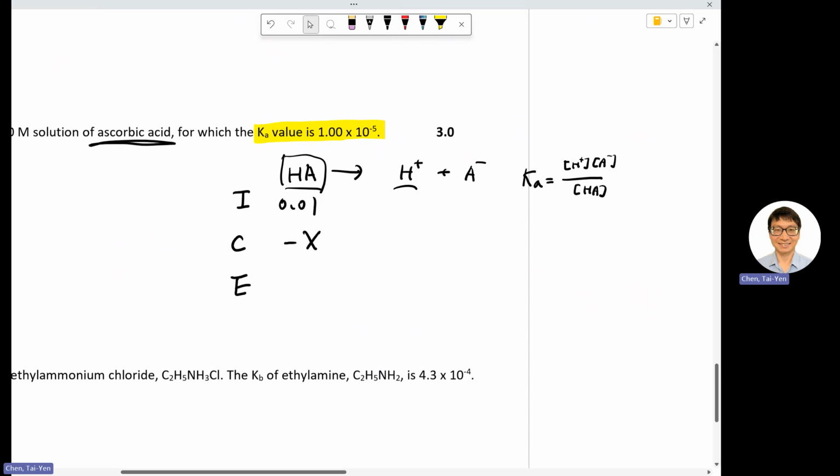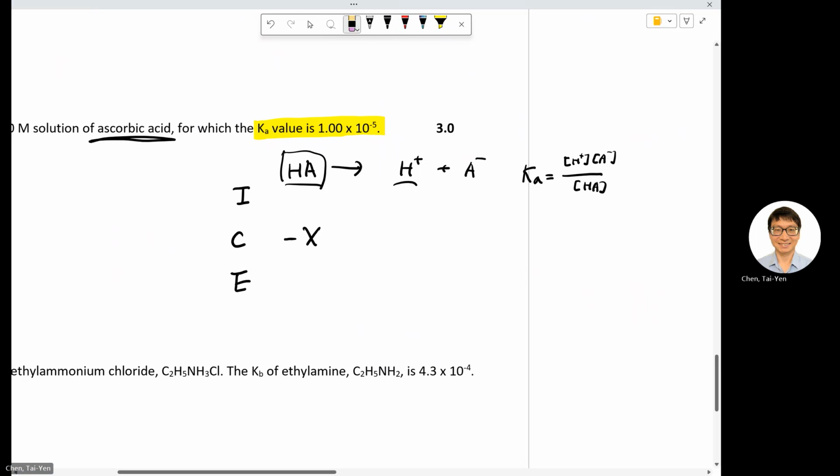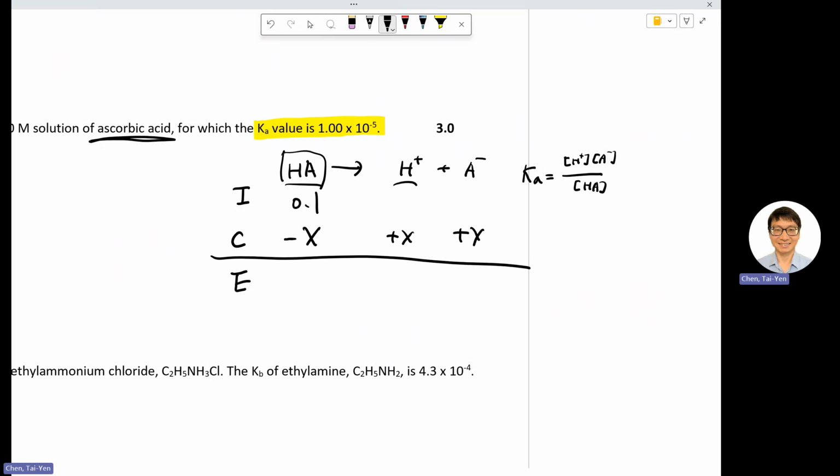Oh, 0.1, sorry. Thank you. Okay. So since it did not dissociate 100%, I say it dissociates by X, right? And then by now, you should know you have plus X here, plus X here. Therefore, once you reach equilibrium, you have 0.1 minus X, X, X.